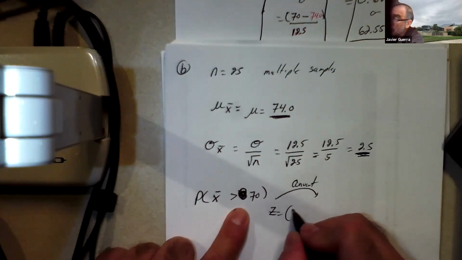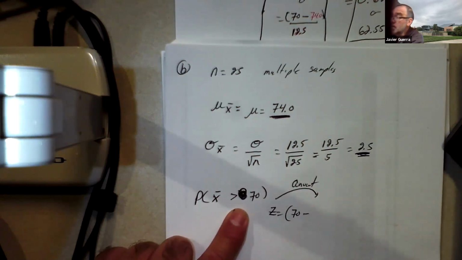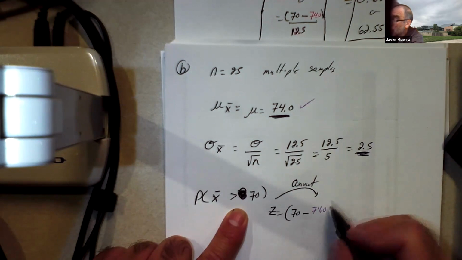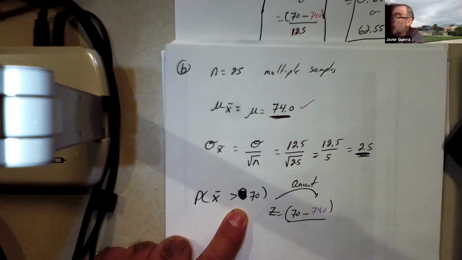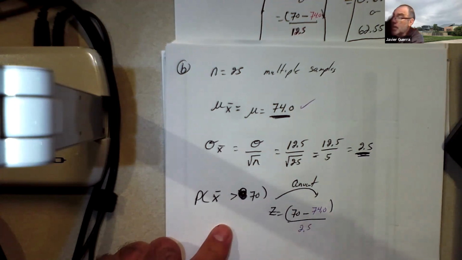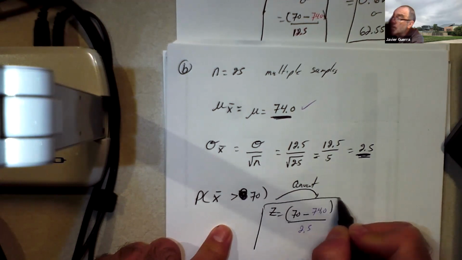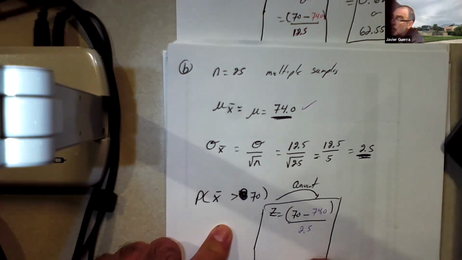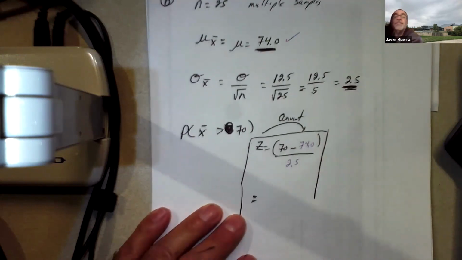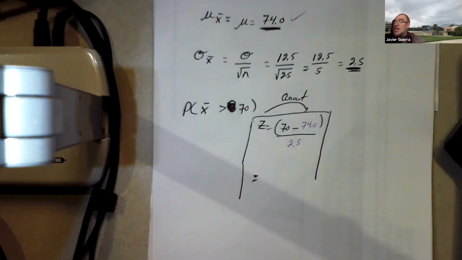Okay, so I'm gonna plug in my 70 minus my 74.0, and I'm gonna divide it by 2.5. In a minute, you guys are going to see what really changed from part A to part B. What was the fundamental thing that changed only from doing part A and part B?